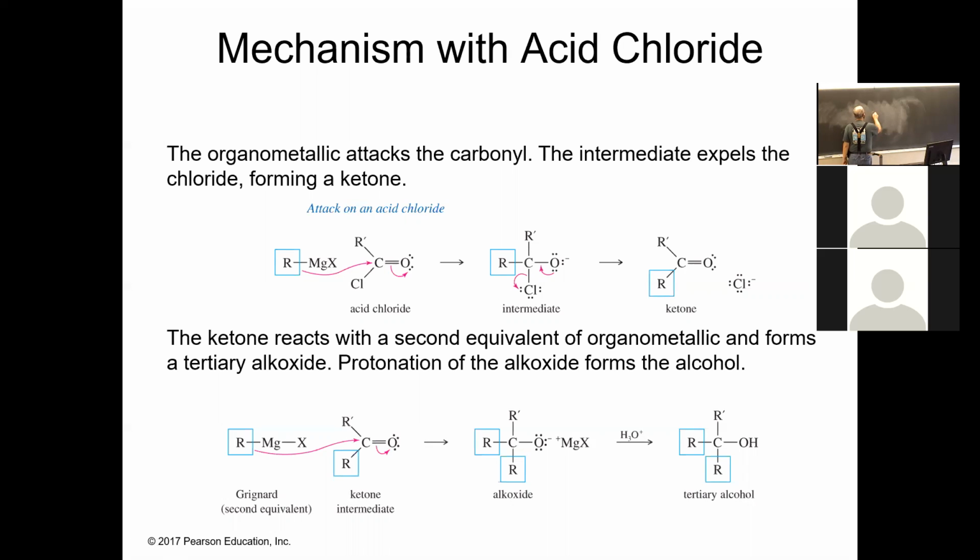So for an ester, I'll just say methyl acetate, and we're using ethyl magnesium bromide. This adds to the carbonyl the same way.